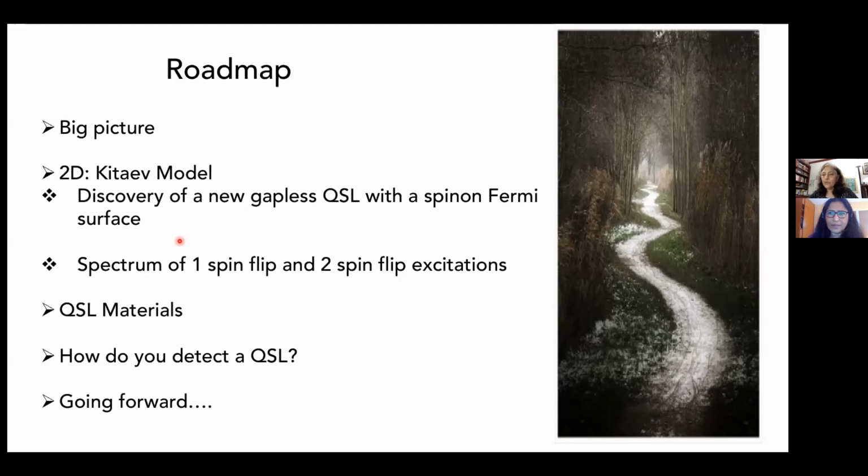The Kitaev model is a paradigmatic model for quantum spin liquids. And within that, I want to tell you about a recent discovery we have made using simulations. Already the Kitaev model is a model of spin liquids, but we discover yet another spin liquid when we apply a magnetic field. And so that's the part I want to tell you about in some detail.